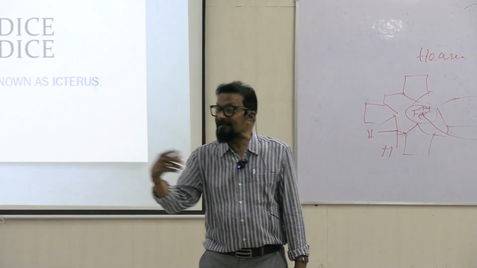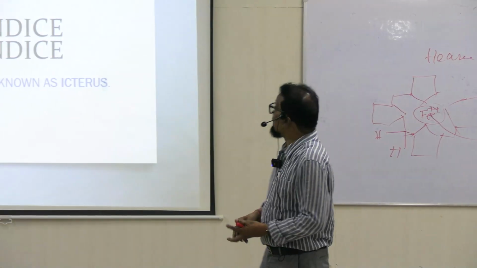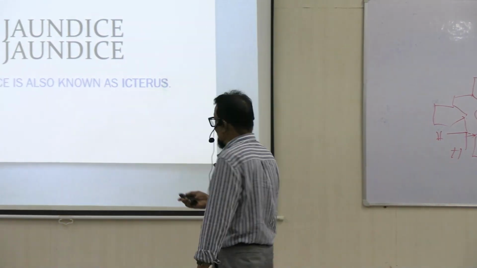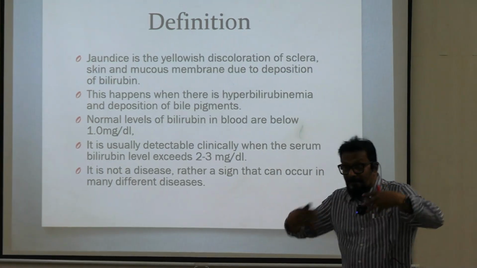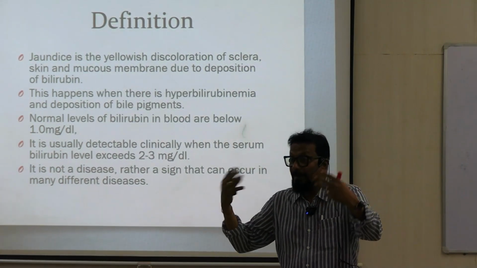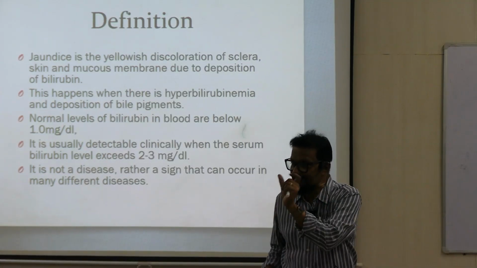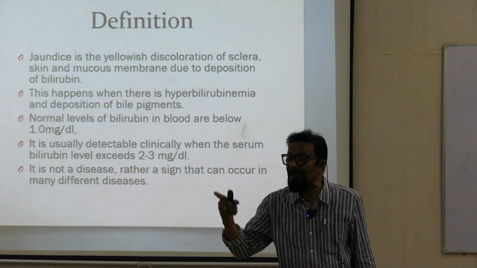Icterus. Present or absent, positive or negative. Okay, so you have to know this term, icterus. Now the jaundice signs only become detectable when the blood level becomes 2 to 3 milligram per dl.